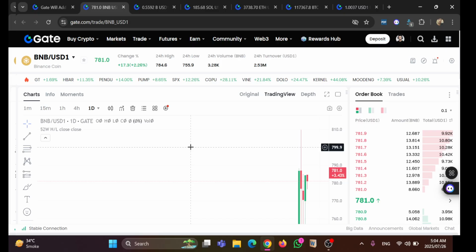In the last 24 hours, the highest market price of BNB was 784.6 USD1, and the lowest market price of BNB was 755.9 USD1. In the last 24 hours, 3.3 thousand BNB has been traded, and 2.55 million USD1 has been traded.